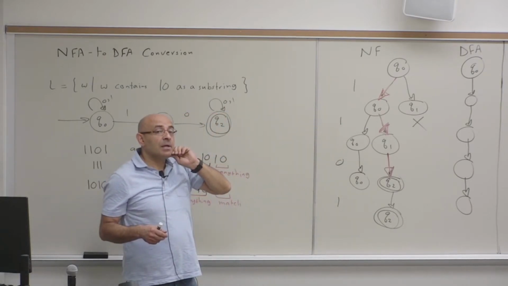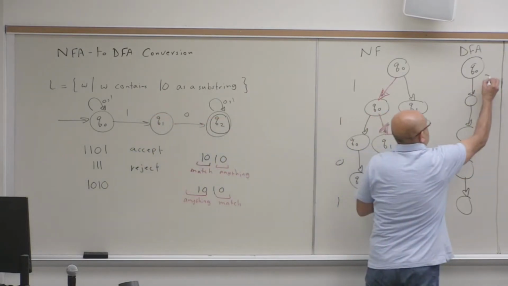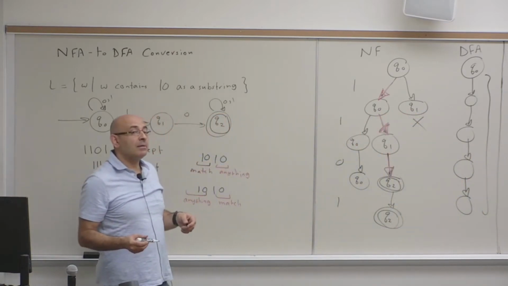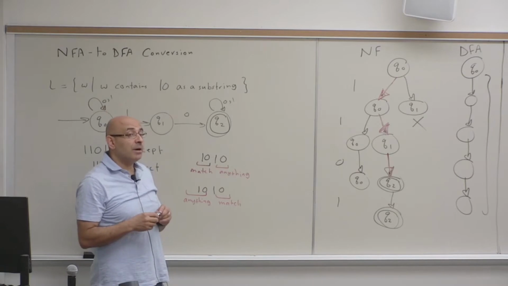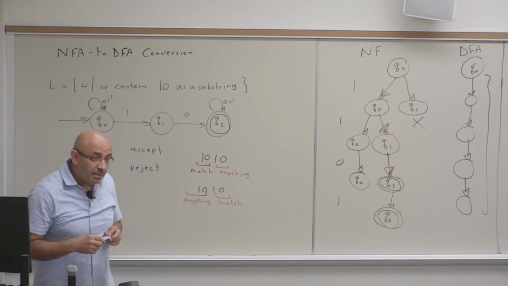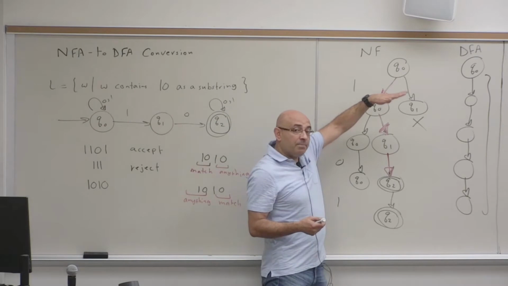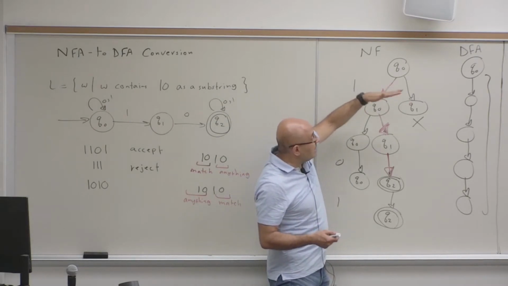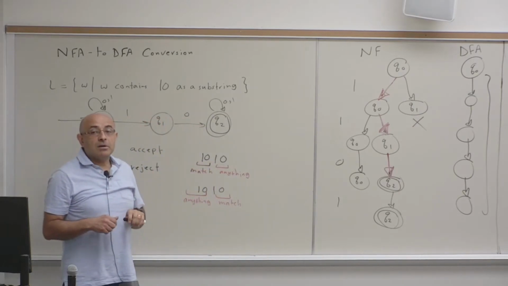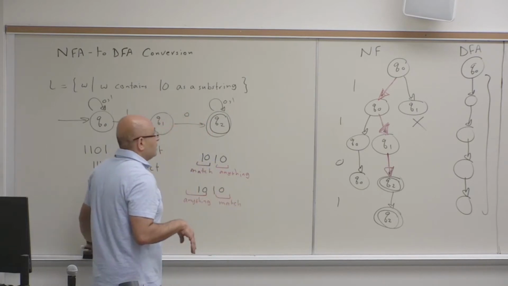Generally speaking, it depends on how many symbols you have in the string that we are processing. So the depth of the tree is equal to the number of symbols in the string that you are processing, whether it's an NFA or a DFA. So this is one observation.